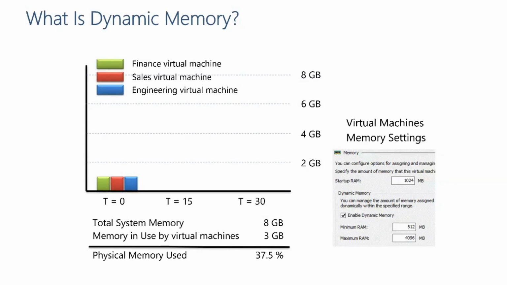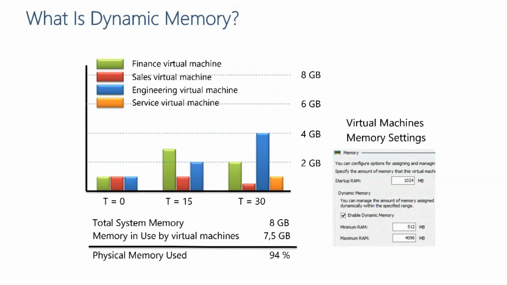No one cares, that's plenty of memory. Fifteen minutes later, you can see that the virtual machines have been running, and now the finance virtual machine is using 3 gigs. That's still 1 gig, that's 2 gig, now that's 6 gigs. So now 75% of the physical memory is being used.